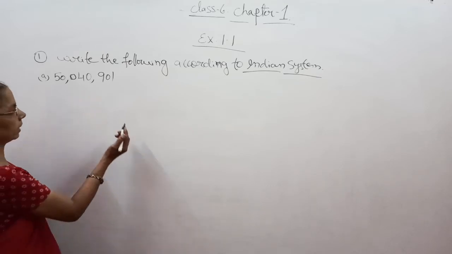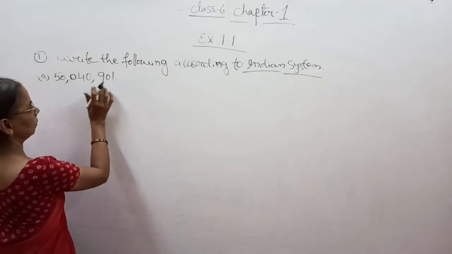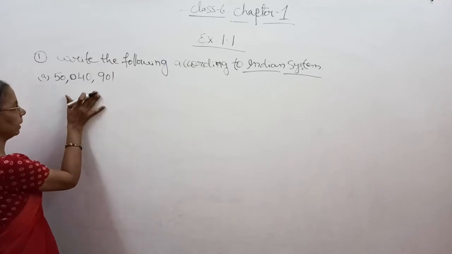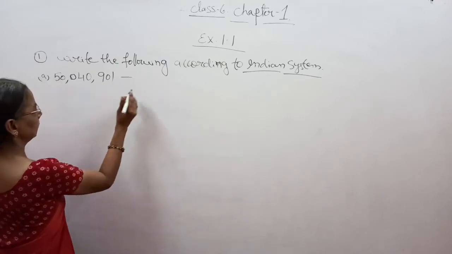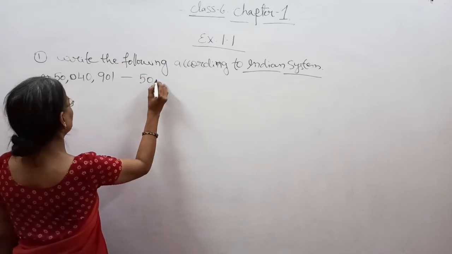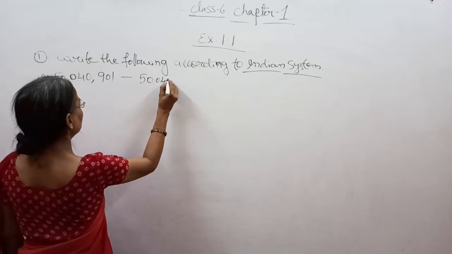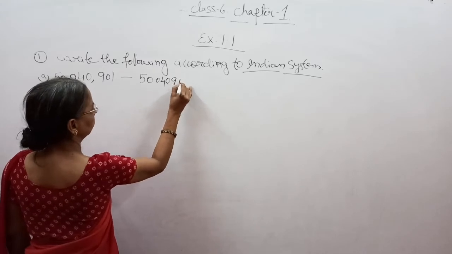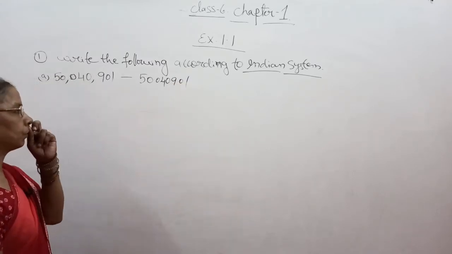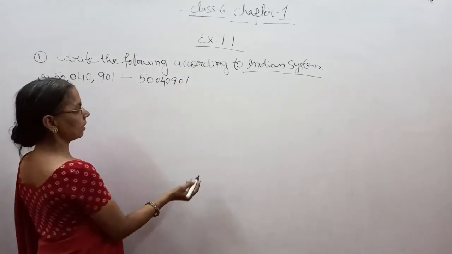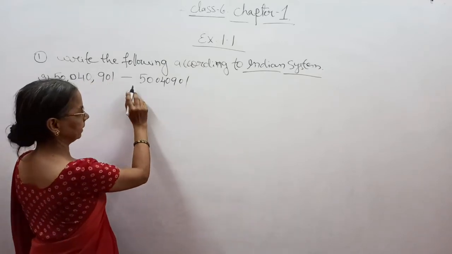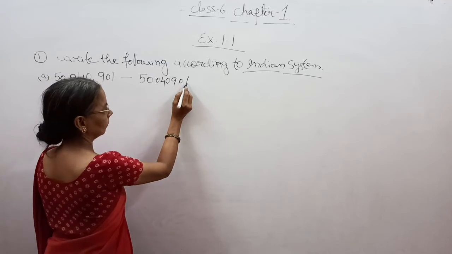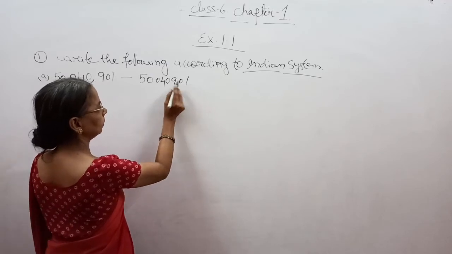तो उसी तरीके से on the basis of that only we have to write this number into the Indian system, that is 50,04,0901. Now we have to put commas from right side to left side.